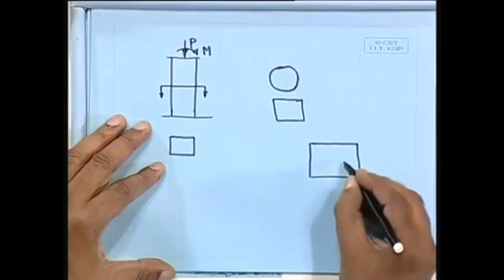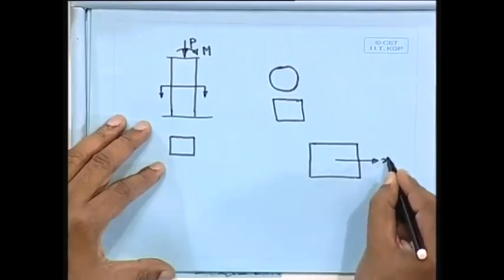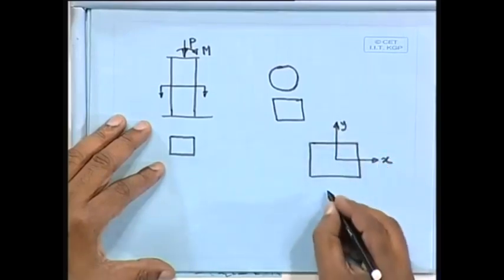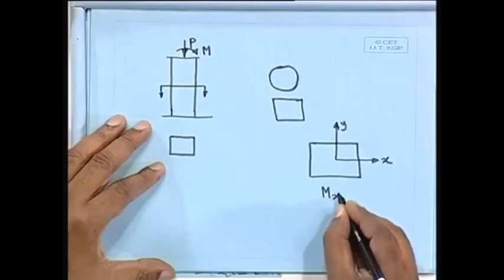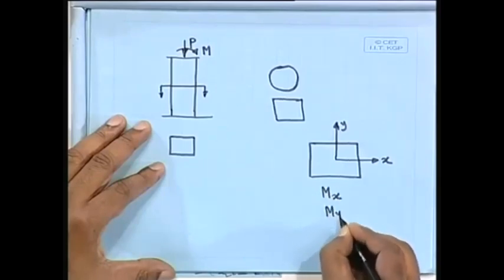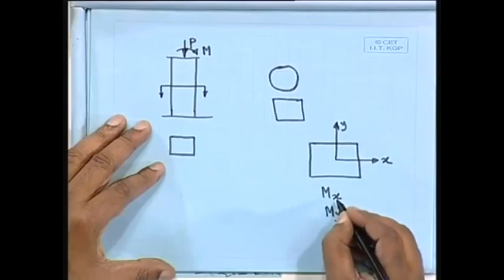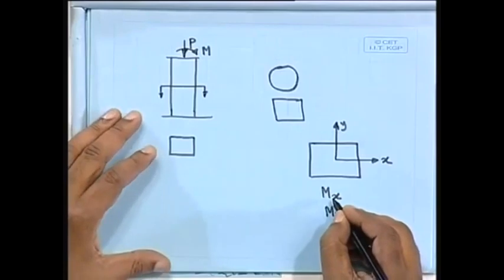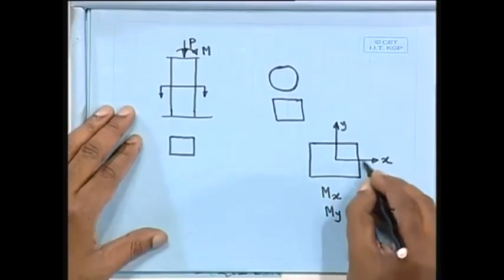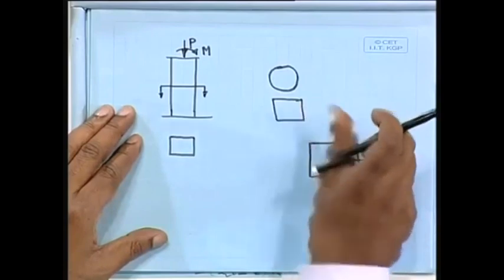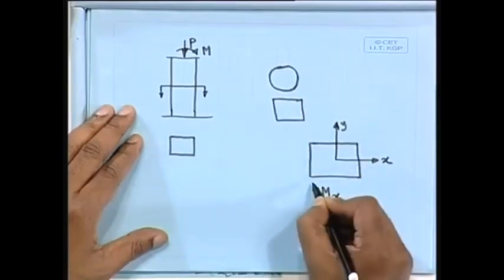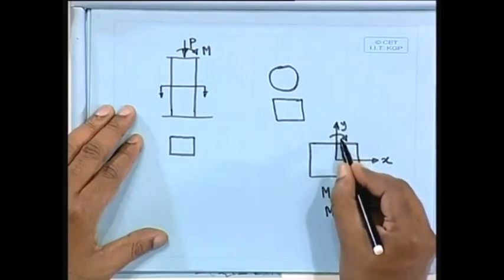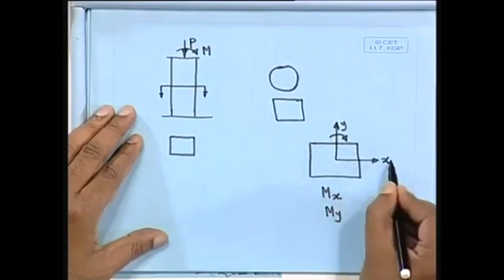So if this is your section, obviously this is your x axis and this is your y axis. People used to say Mx, people used to say My. When we talk about Mx, the question arises whether that Mx is about y, that is, about this particular axis, but acting about y, as if it is along x.